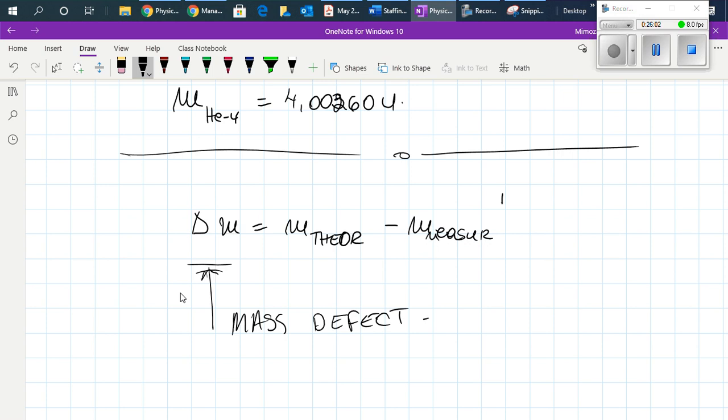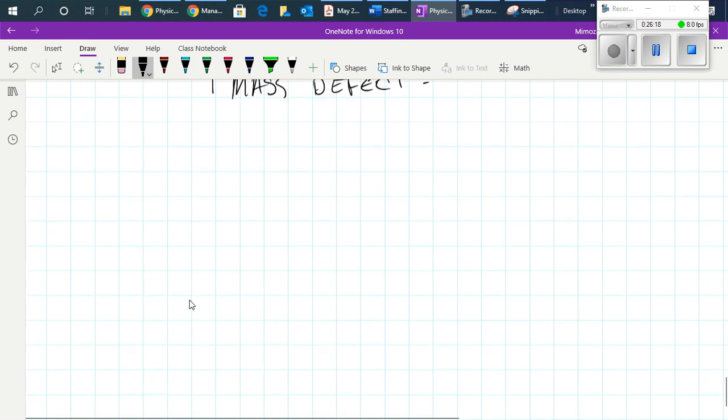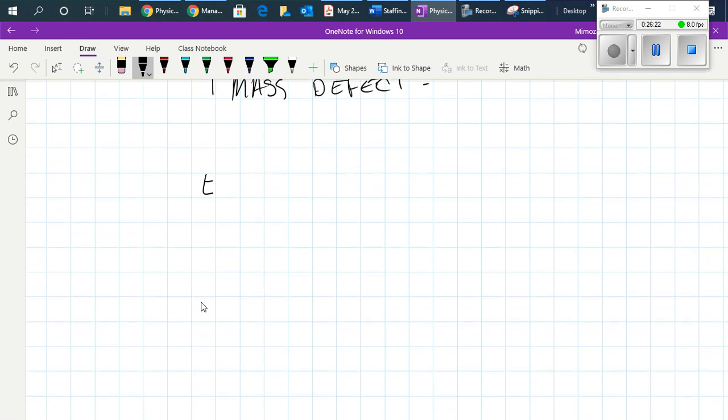Okay? And then Einstein, as genius as he was, provided and demonstrated theoretically that mass and energy are interconnected. So he said that the energy is the mass defect times c squared.